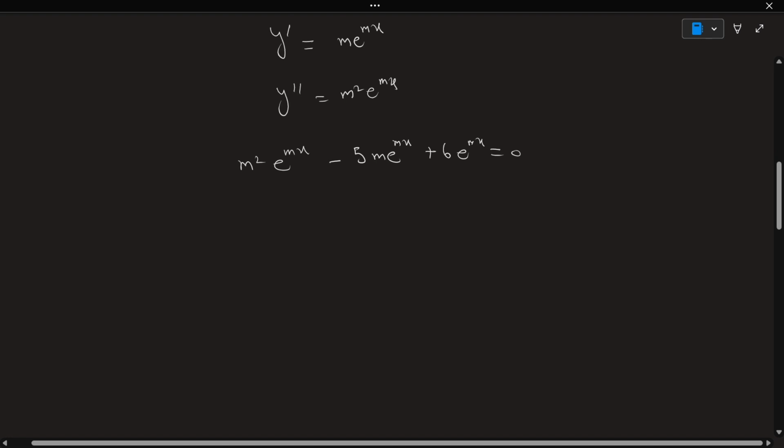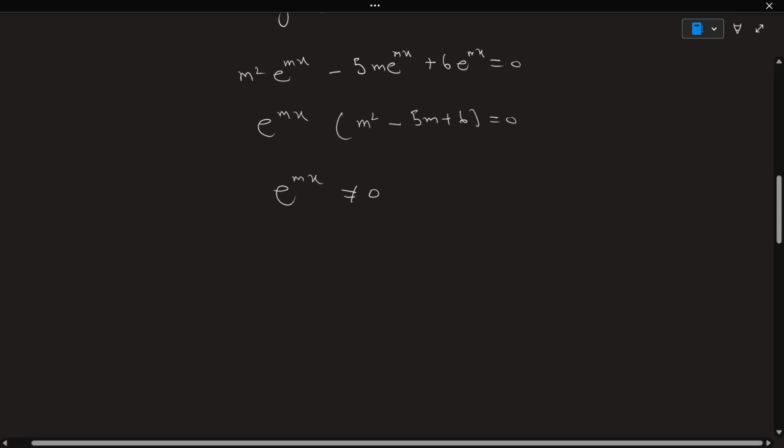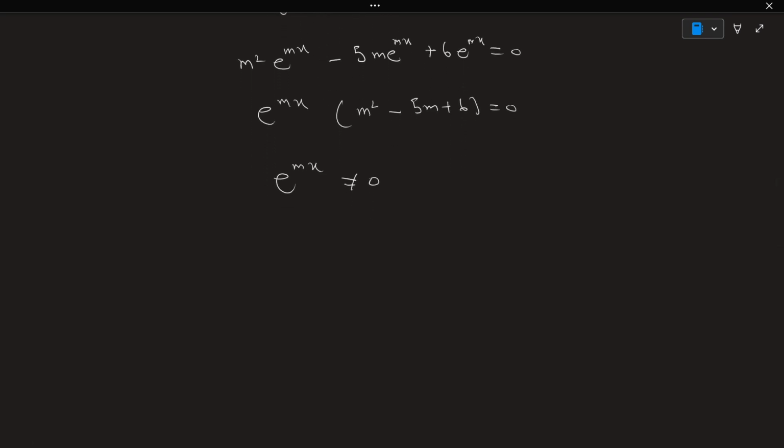We will take e raised to power mx as common, and we will get m square minus 5m plus 6 as the leftover. So we know that e raised to power mx can never become 0 because this is an exponential function, and an exponential function never gives 0 for any value of x.